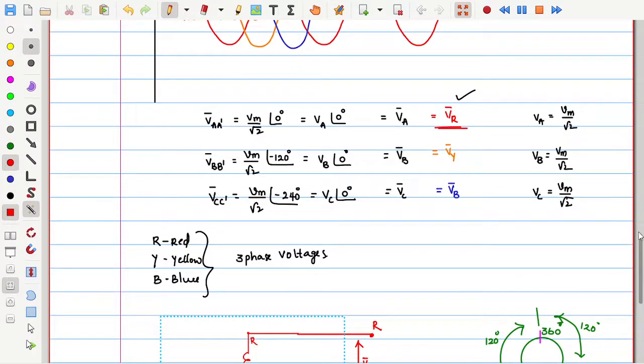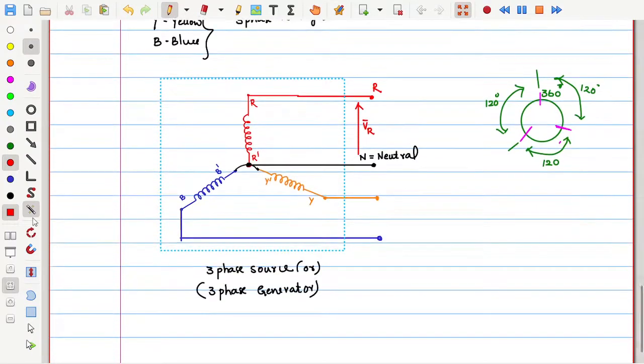Similarly, Y to Y dash is what? VY. But where is Y? Here is Y. Then Y to Y dash is VY. See how the arrow looks. The arrow is pointing towards that corresponding color coded phase, which is Y. N is neutral. Next, the last one, blue.